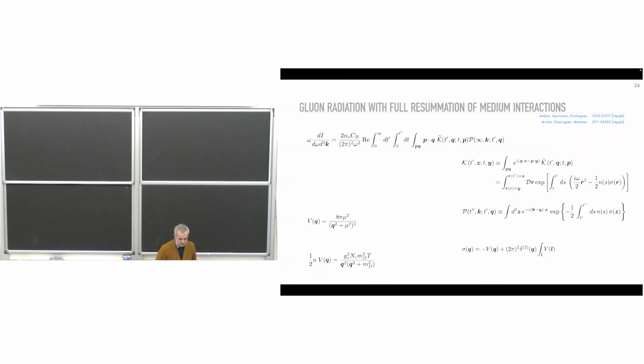The result was something that resembles that thing on top there, which after much suffering was actually not too complicated. These P and Q are the momenta that exit the vertex of the quark and the gluon.